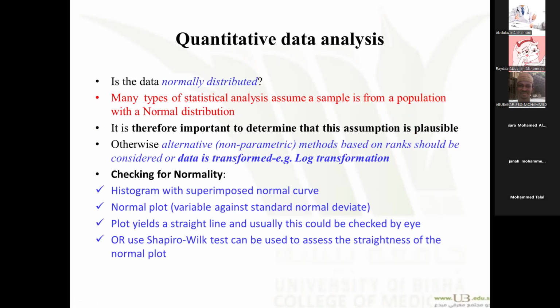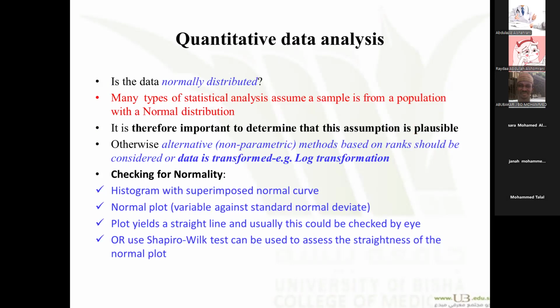Many types of statistical analysis assume that data collected from a sample of a population is normally distributed, which is not always the case. So it's always important to determine that this assumption holds or is plausible.